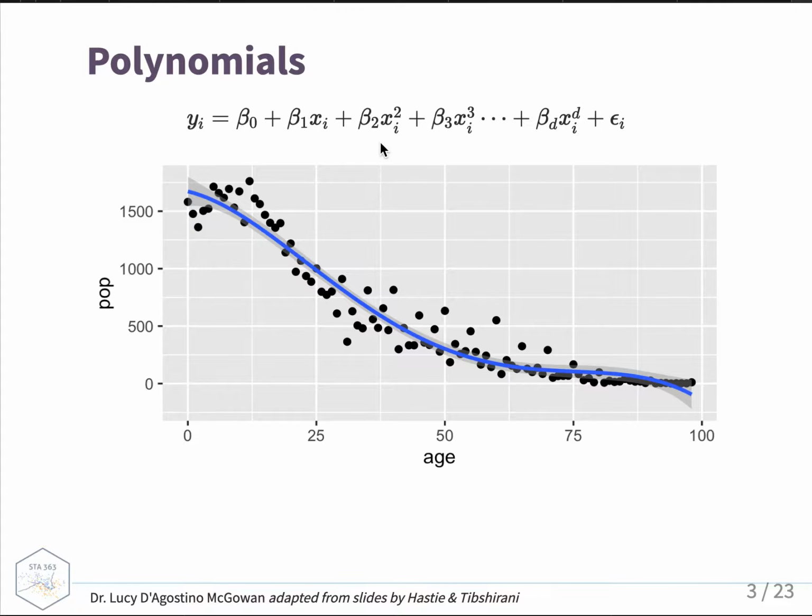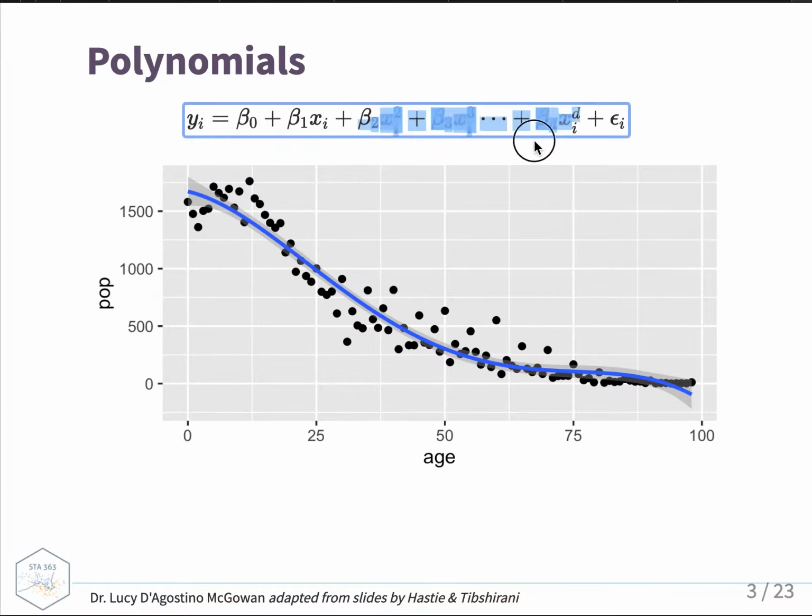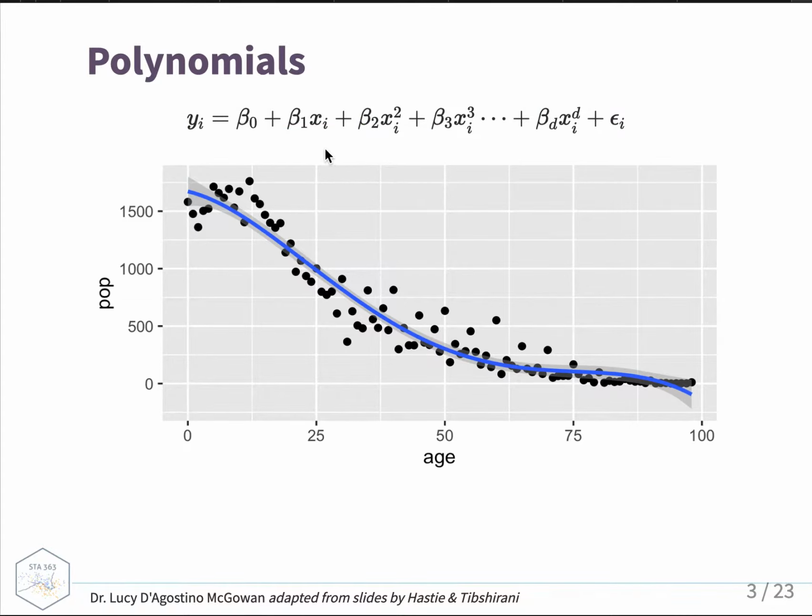So in this case, I've got an x variable, a single predictor, and I'm looking at its relationship with y. If I just looked at the first part of the model, with all of these beta coefficients being 0 in the subsequent parts, we would just be looking at the linear relationship between x and y. But because I'm adding in these higher order polynomials, I'm able to look at a more flexible relationship.